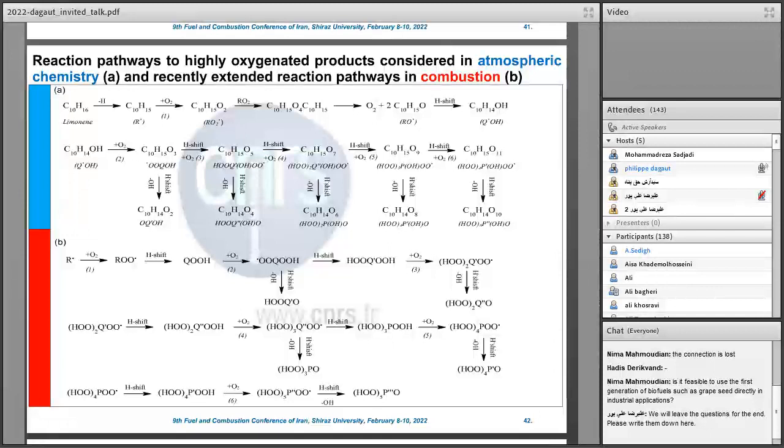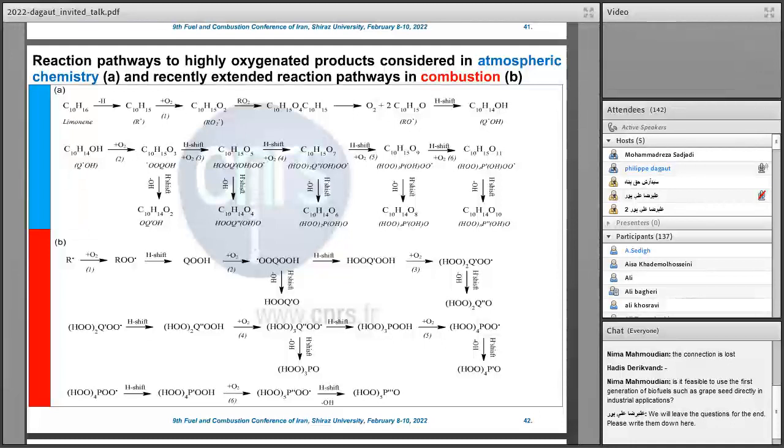So these alkoxy radicals can also isomerize by H-atom transfer from the carbon skeleton and produce this hydroxy radical, which can in turn peroxidize and continue with H-atom transfer, O2 addition, etc. And you can get very highly oxidized species here with 10 oxygen atoms.